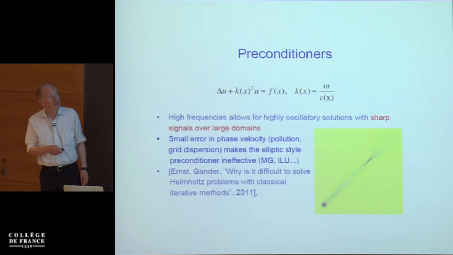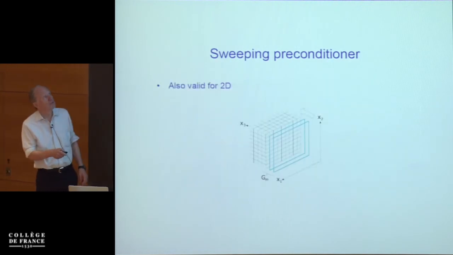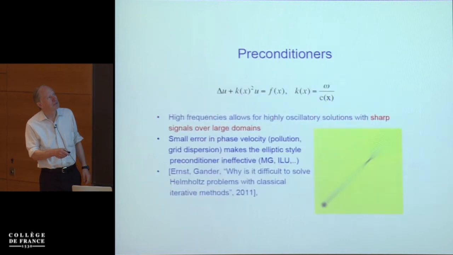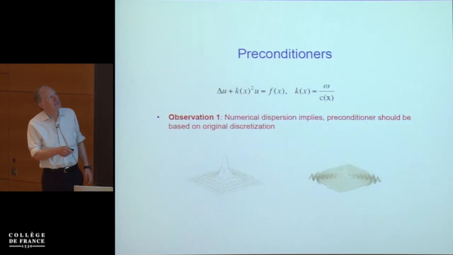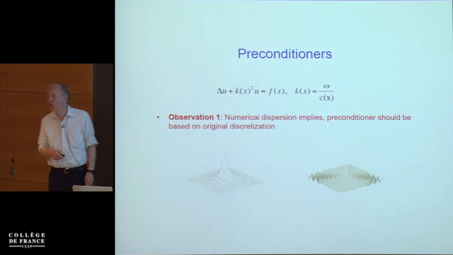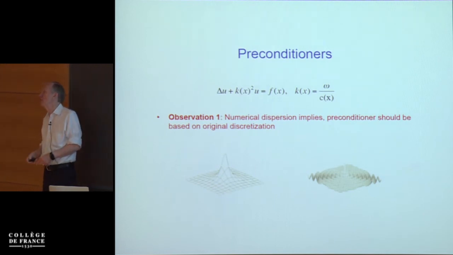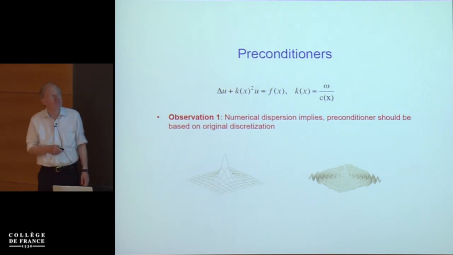So the observation over here, sometimes it's slow here, is that you should try to start off with the approximation you have and do something about that. So this is the idea, because of the difficulty with the dispersion over here.